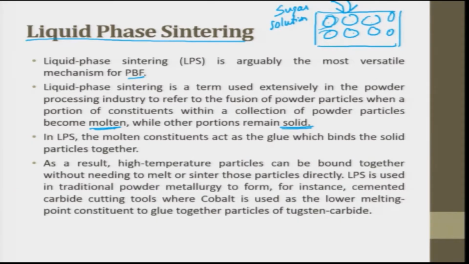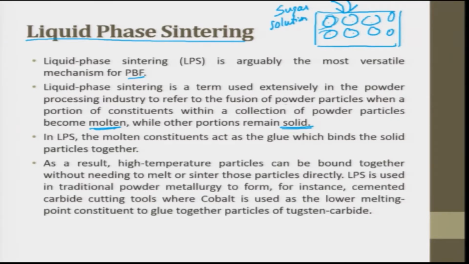And this is liquid phase sintering. Here in this case, molten metal or the liquid sugar solution is poured, but in selective sintering, you coat the powder properly, and when the laser hits, it melts only the portion which is coated.